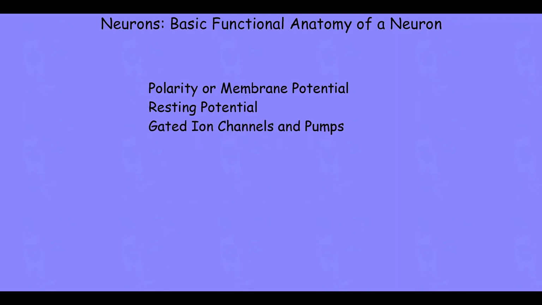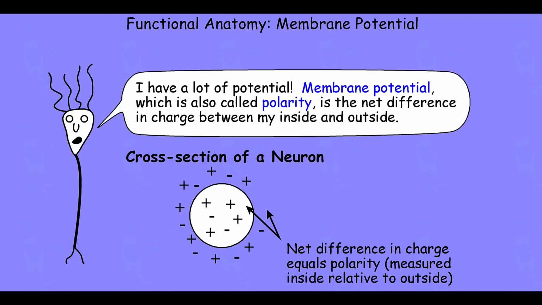And finally, we want to look at the mechanisms in the neuronal membrane that facilitate moving it off that resting potential and moving it back onto that resting potential. So neurons have membrane potential, also called polarity, which is a net difference in charge measured from the inside going to the outside.